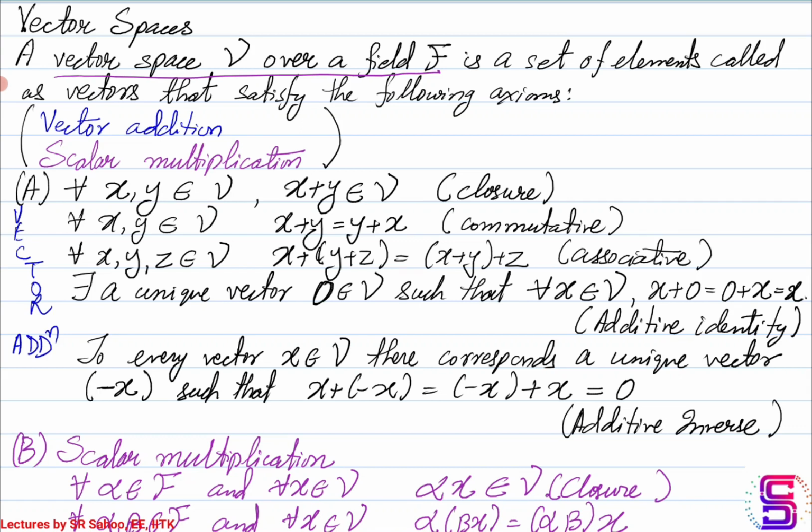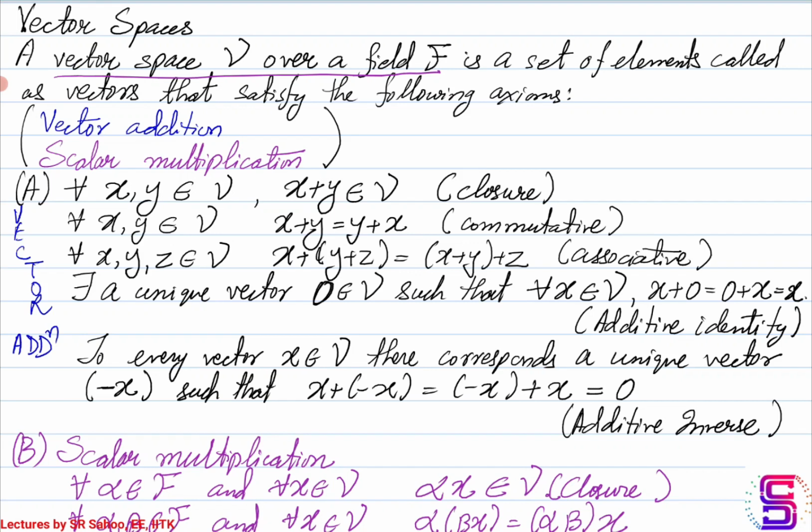This zero vector is known as the additive identity of the set V. Lastly, for every vector x in the set V, there is a corresponding vector, which we represent as minus x, in the same set V, such that the addition of x and minus x always results in the zero vector, the unique additive identity in V. This is known as the additive inverse.